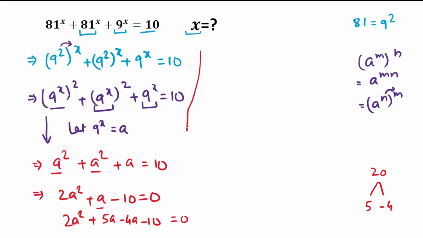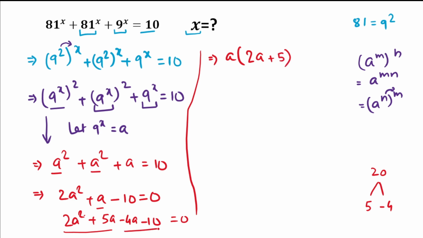Now we'll take common from the first two and we can factor out a. So remaining here is 2a plus 5.